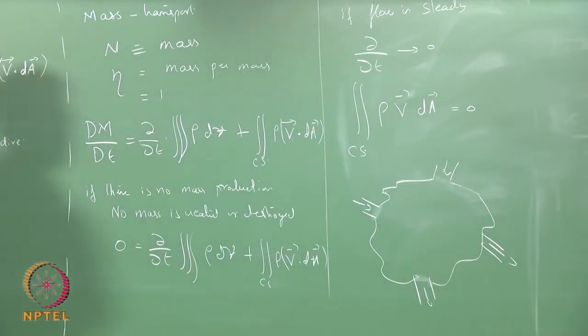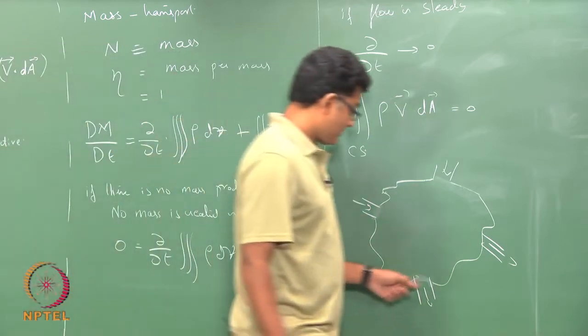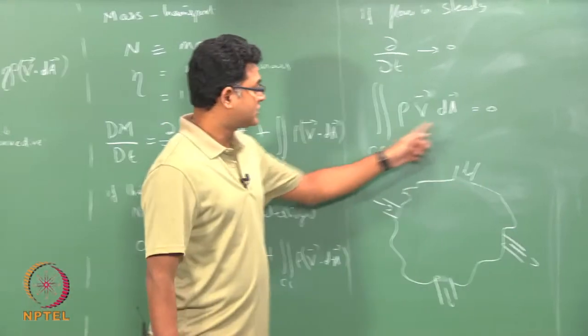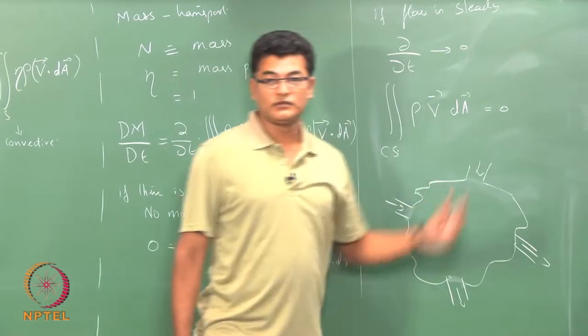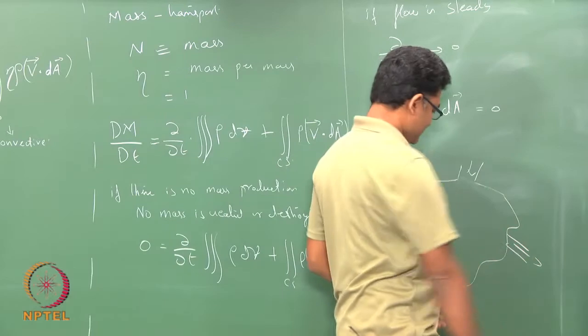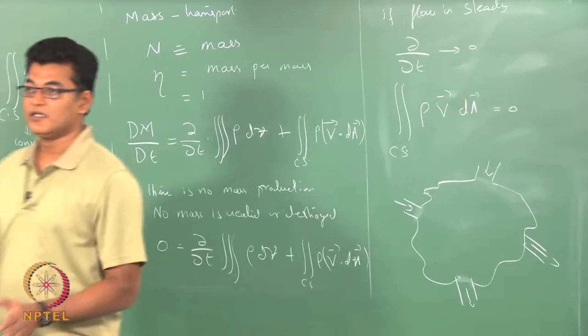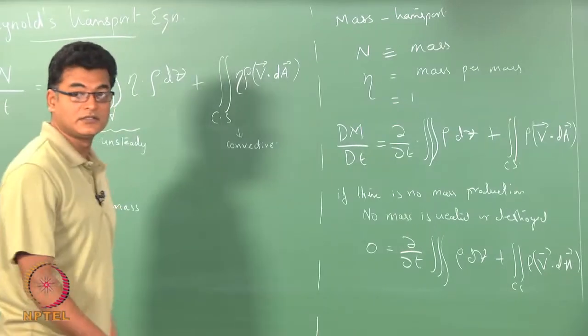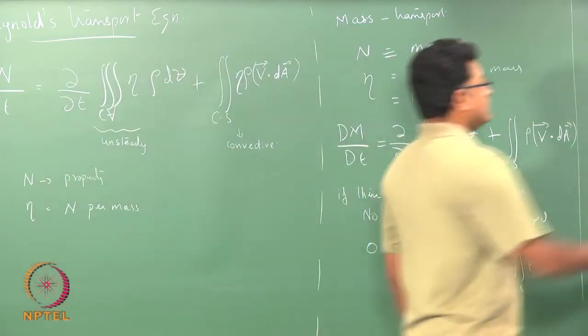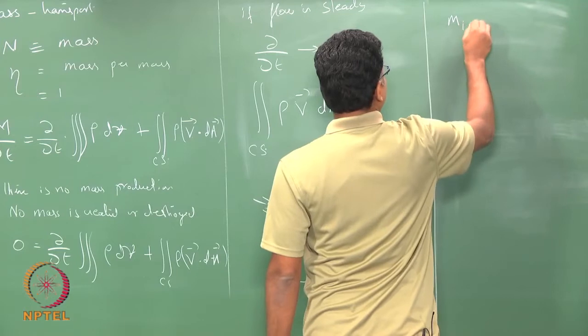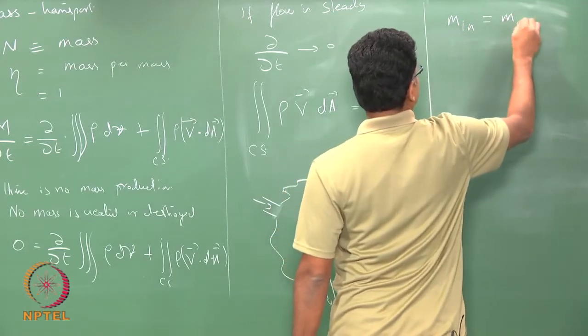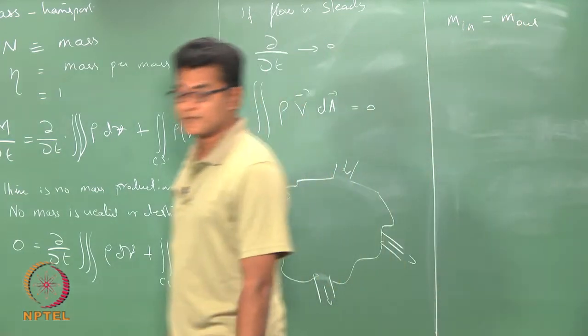If I integrate this quantity along the surface, the net value is 0. So, the addition of all the masses that is coming in is equal to all the masses that is going out. So, essentially what I mean is mass that is coming in is mass that is going out.